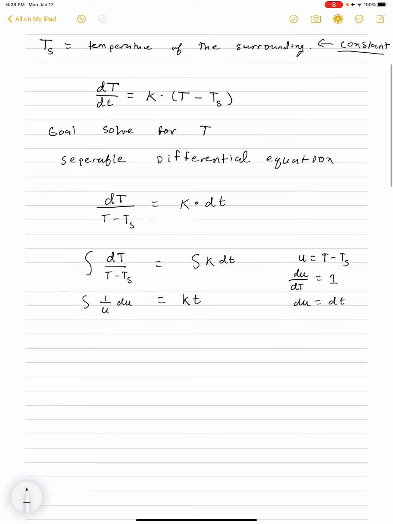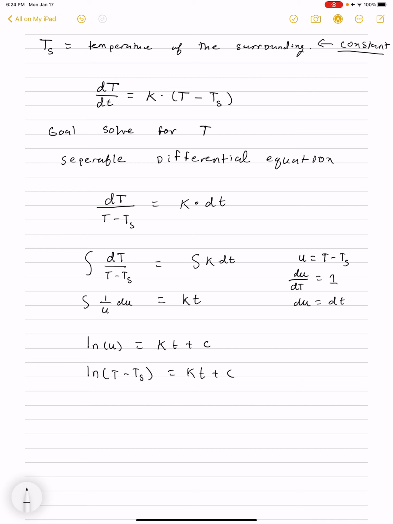So now we use this key fact that this is the ln of u, which is equal to kt plus a constant. And now we're going to keep in mind that u is T minus T sub s, equal to kt plus a constant.